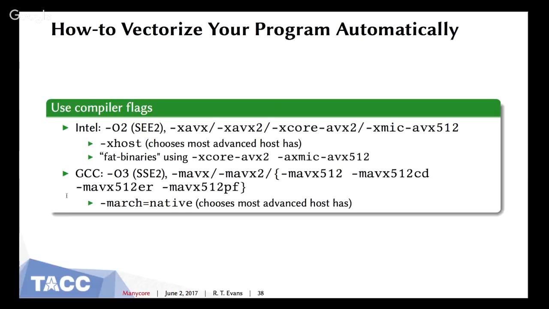And you have to be leery of that, because on the system you're going on to today, Stampede 2, the login node uses a Broadwell. That's an Intel processor. The compute nodes are all KNL, so it's a different architecture. So if you use Xhost on the login node, you're not compiling with the highest level of optimization that you can use on the compute nodes. So I'm just saying, if you use Xhost, be aware of where you're compiling and where you're running.